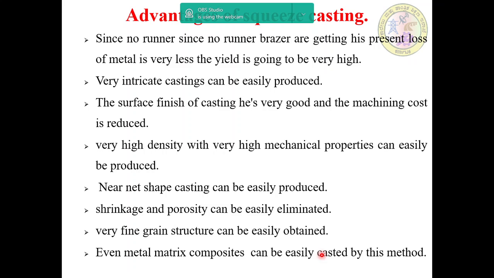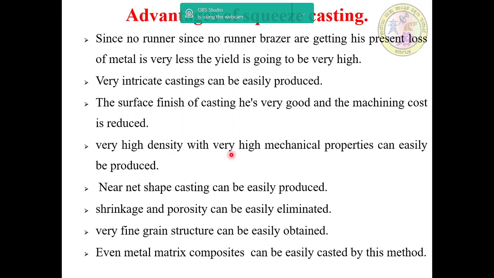No runners are used, and no risers are present. Loss of metal is very less and the yield is very high, and very intricate castings can be easily produced. The surface finish of the casting is very good and the machining cost is reduced.